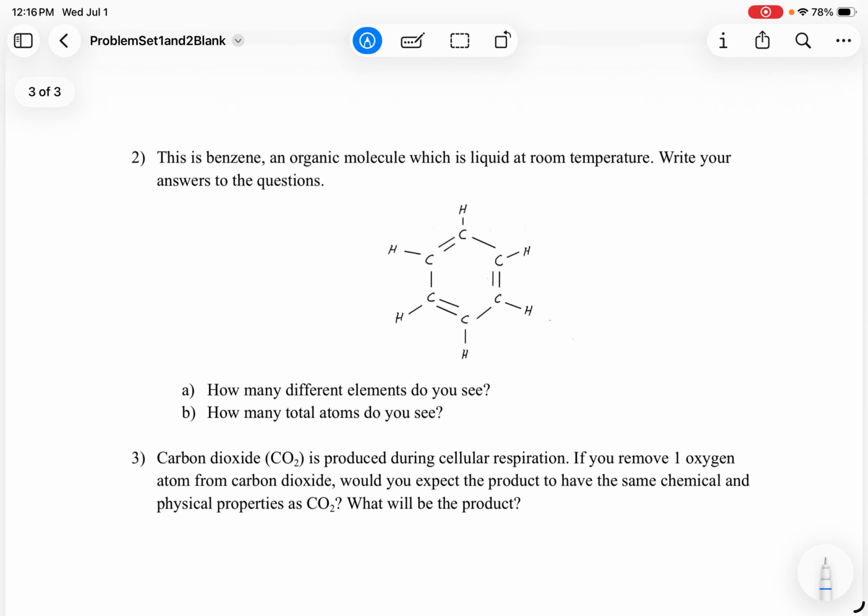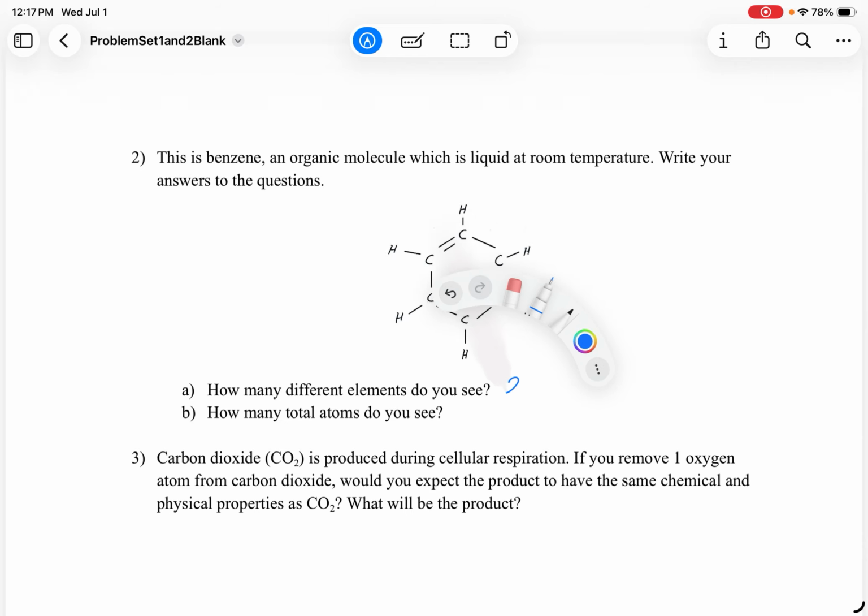Let's go down to number 2. This is benzene, an organic molecule which is liquid at room temperature. Write your answers to the questions. So A, how many different elements do you see? We went over this in the previous question. Look at it, it's only made out of C's and H's. So how many different elements is that?